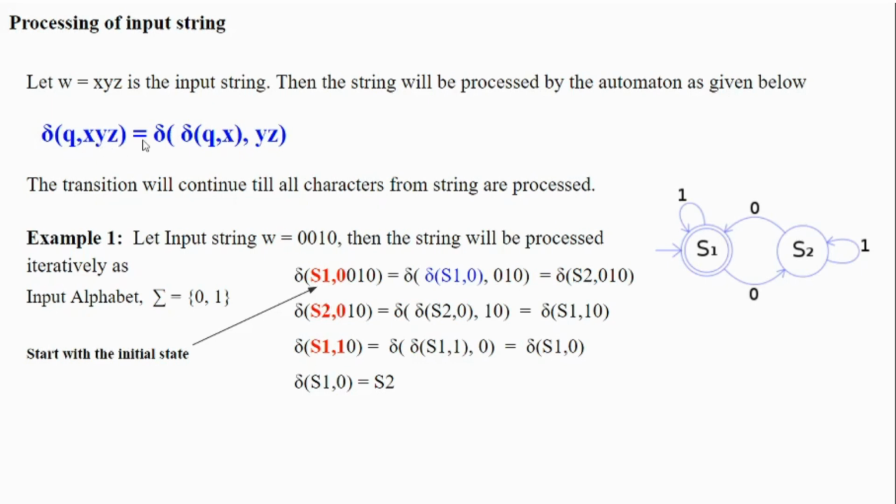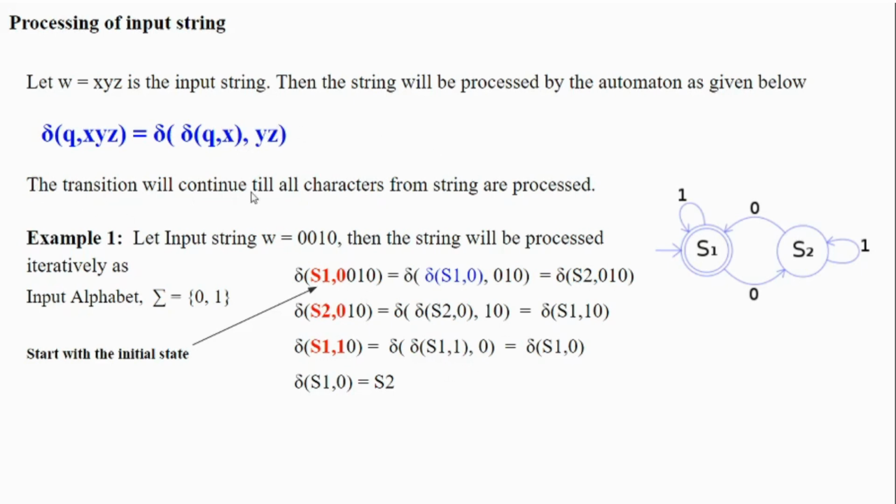So this is equal to delta, and delta is applied again inside. So delta is extended to the current state q and the first input character, and then yz is left here. Fine. This will be better understood with the help of an example.